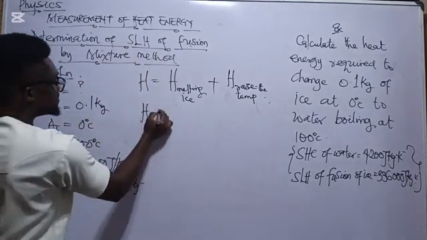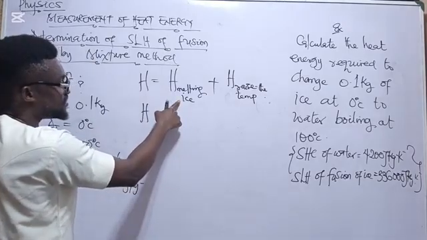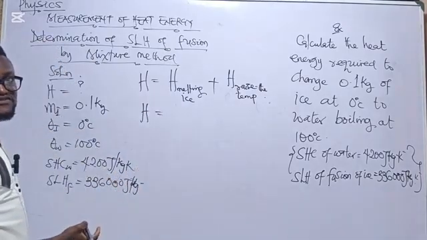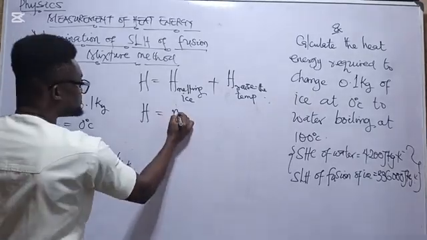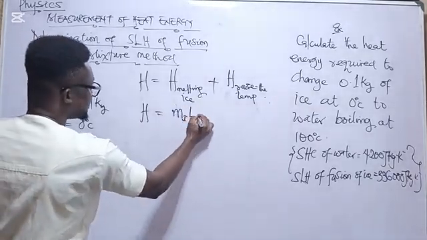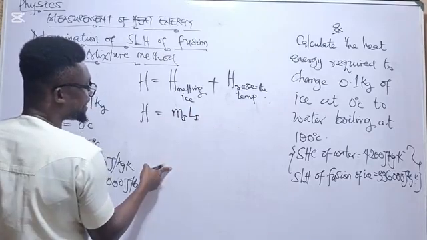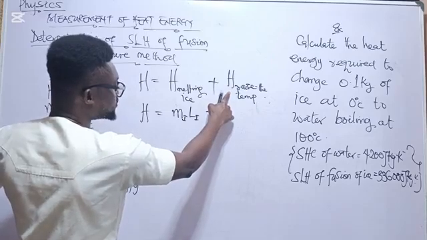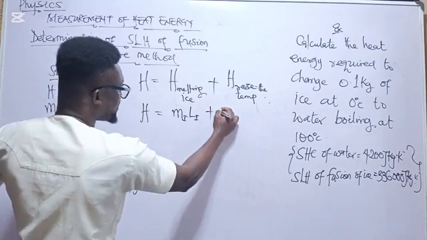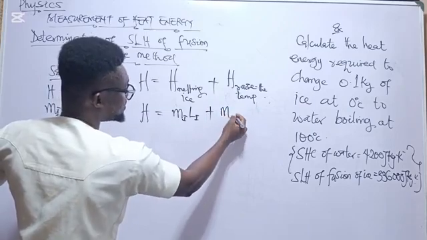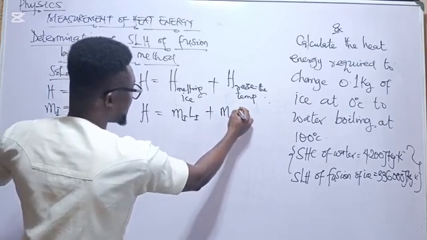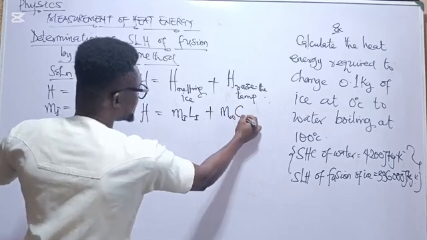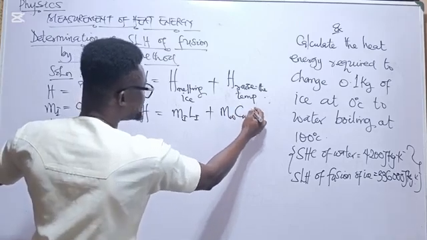So in that case, the heat for the melting of ice is a specific latent heat. So we have mass of the ice, the latent heat of the ice, then plus the heat required to raise the temperature to 100 degrees Celsius. We have mass of the water, then specific heat capacity of the water, then the temperature change.